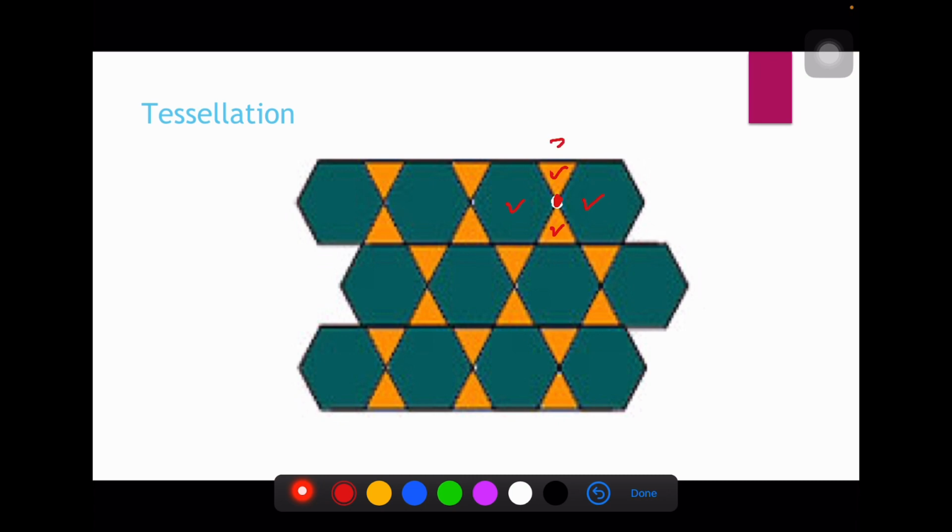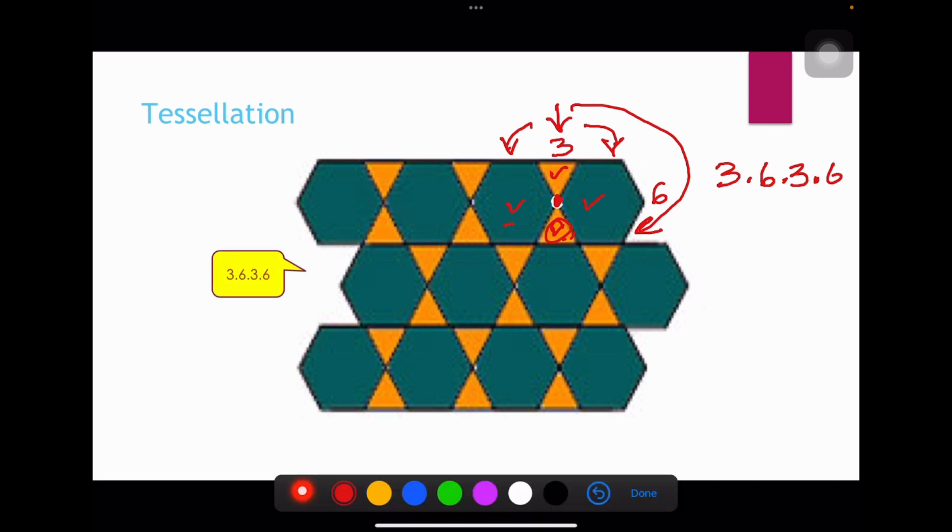This has 3 sides, 6 sides, 3 sides, 6 sides. We can start from here and go clockwise or anti-clockwise; it will be the same. So we have 3.6.3 again here, then 6. So yay, correct.